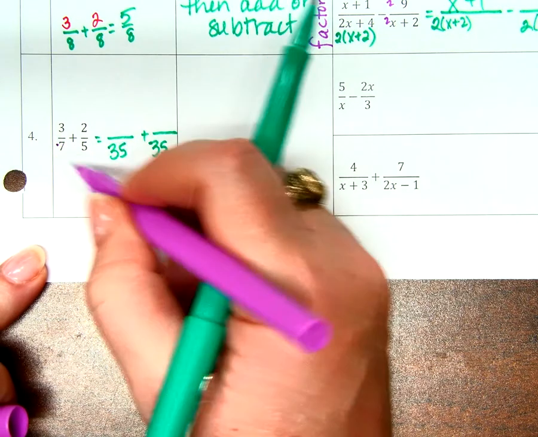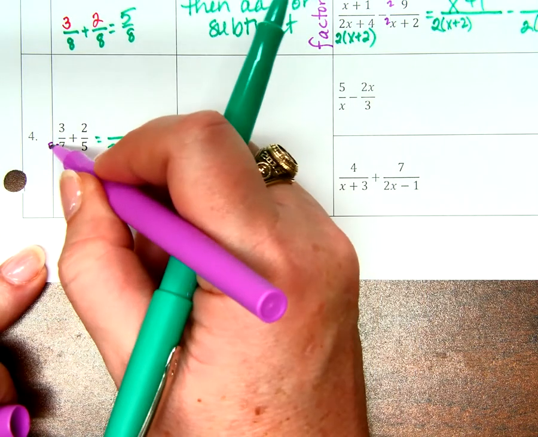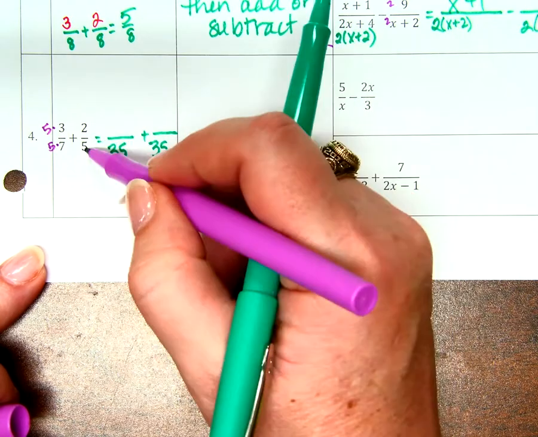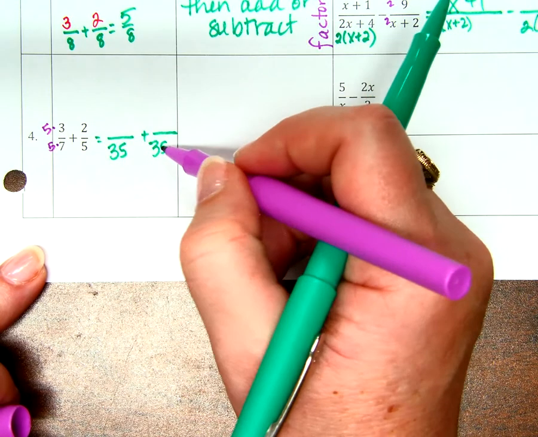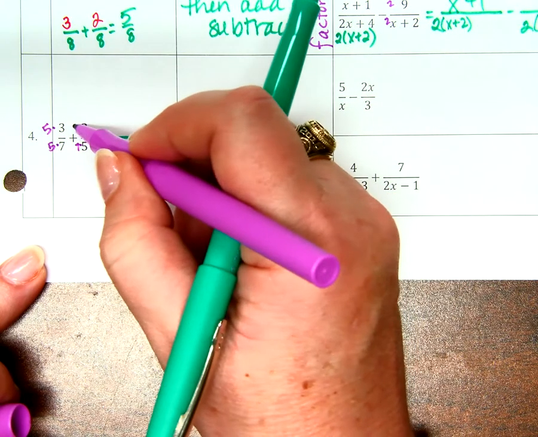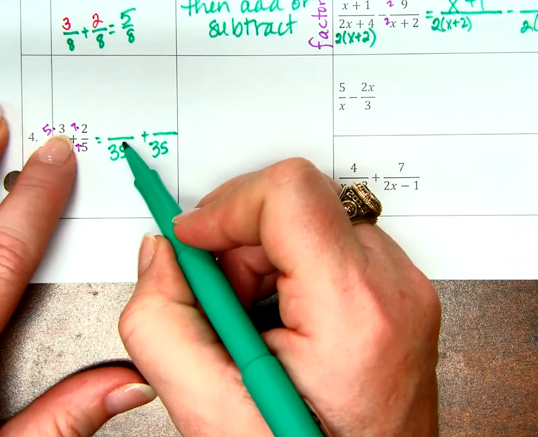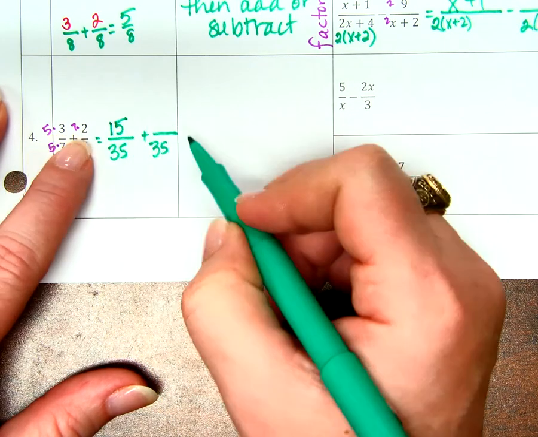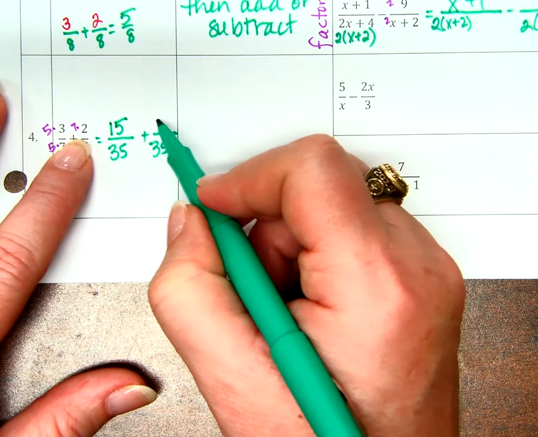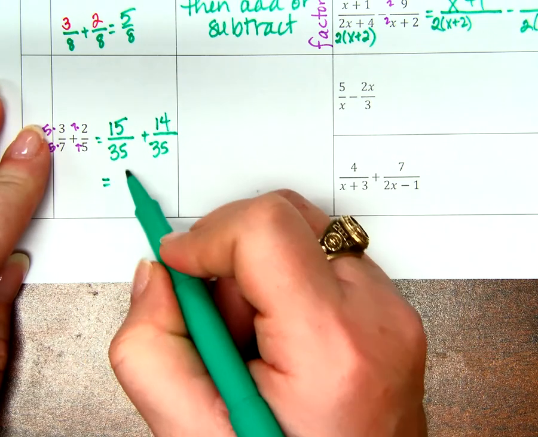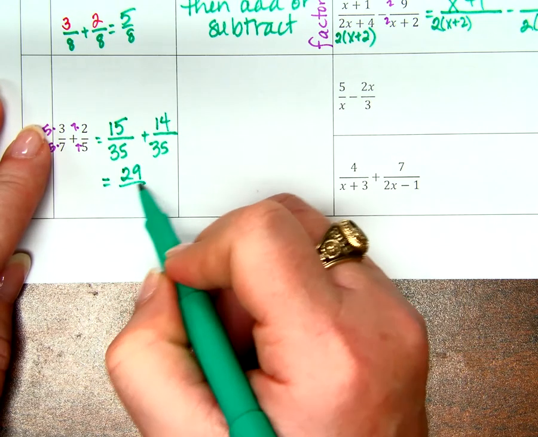What factor did it need to become this? A 5, so we multiply numerator by 5. What factor did this need to make it become 35? 7, so numerator and denominator both multiplied by 7. So this numerator is 5 times 3. This numerator is 7 times 2. So that my final answer is 29 over 35.